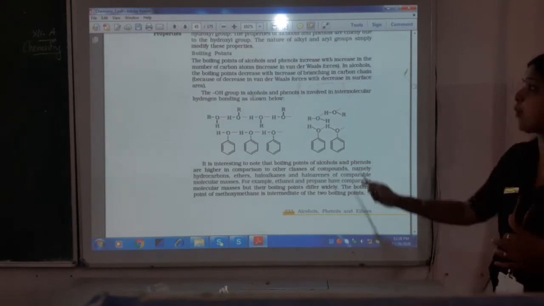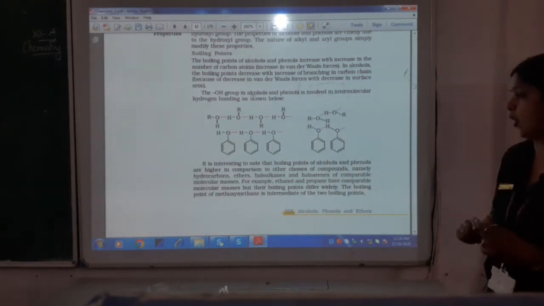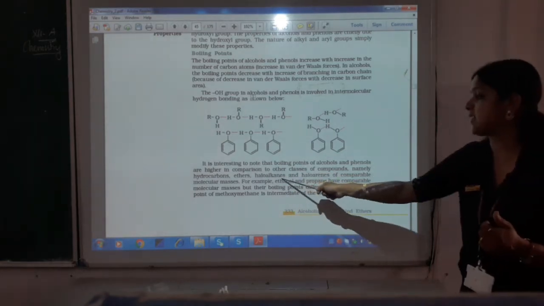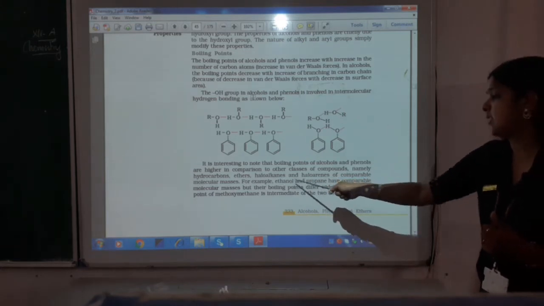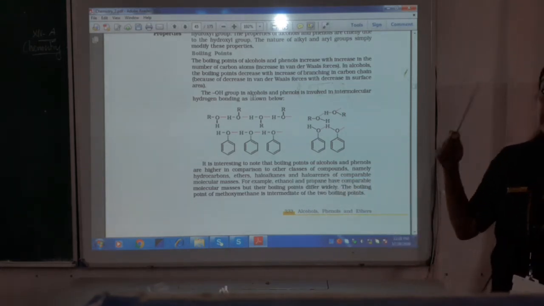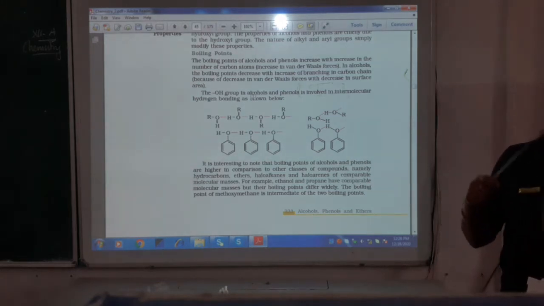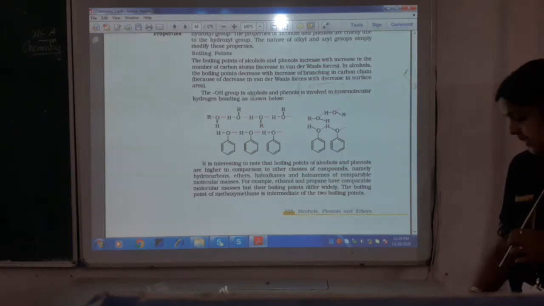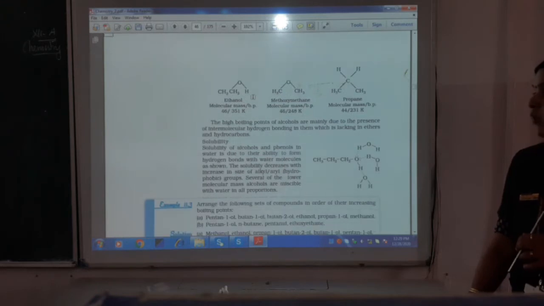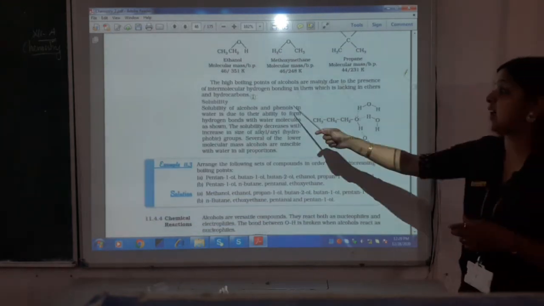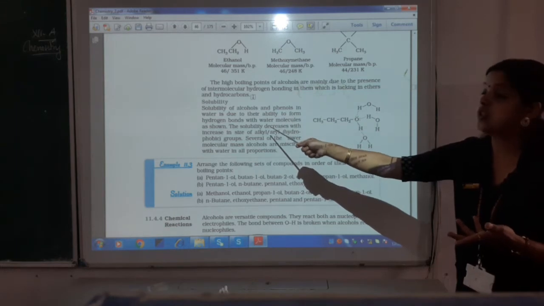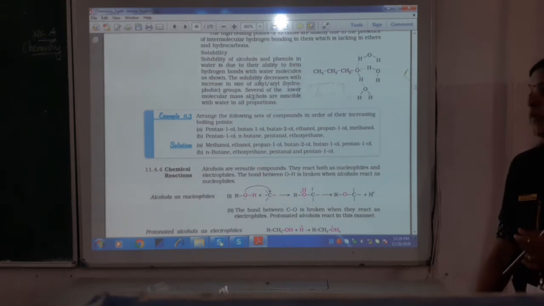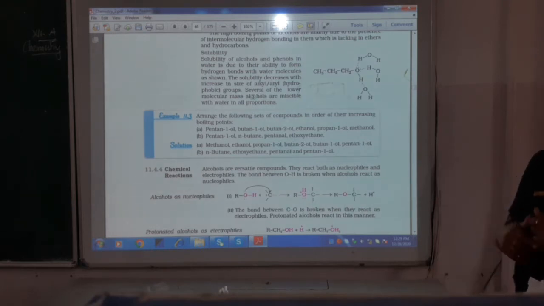If you see the hydrogen bonding present in alcohols and phenols, compared to other classes of compounds like hydrocarbons, ethers or haloalkanes, the boiling point is very high compared to alkanes and ethers, because of the intermolecular hydrogen bonding present in alcohols and phenols. Solubility, they are highly soluble because of the forming of hydrogen bonds with the water molecules. So you can just go through all those. Next we will learn about the chemical reactions.